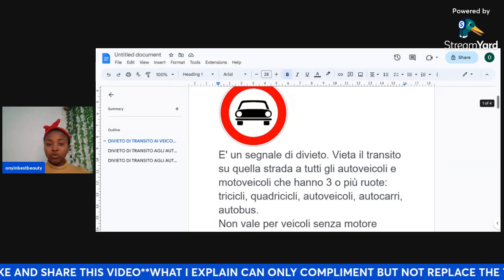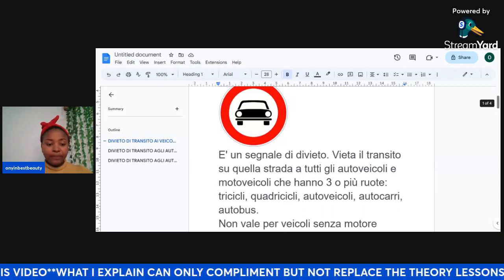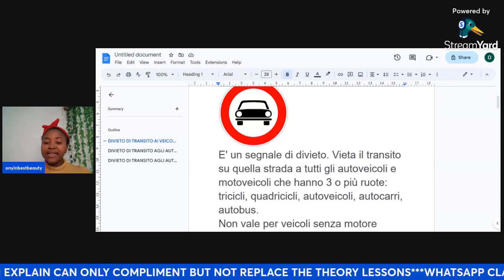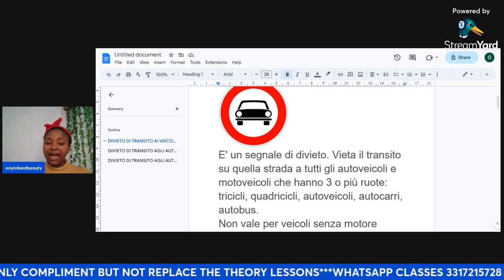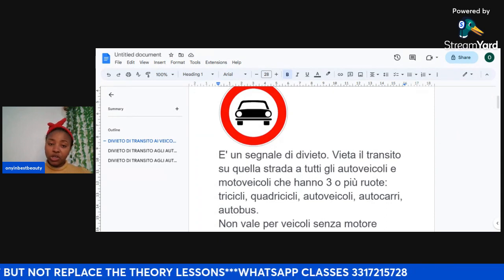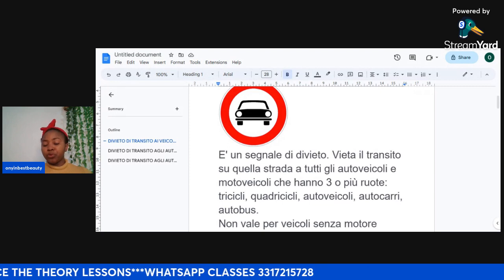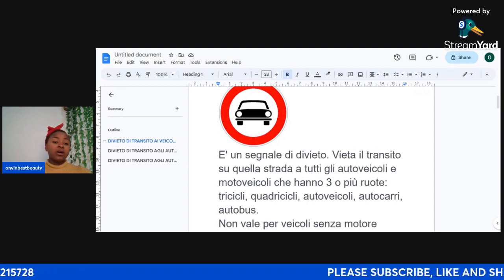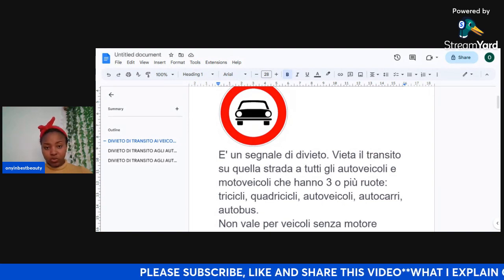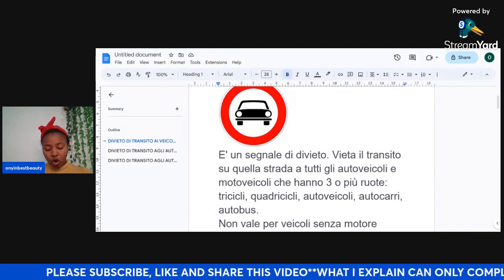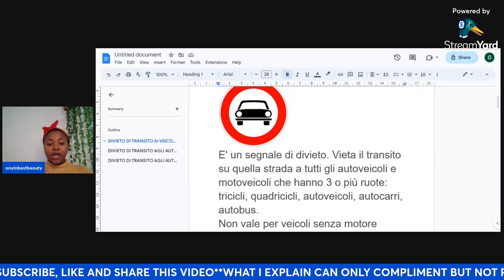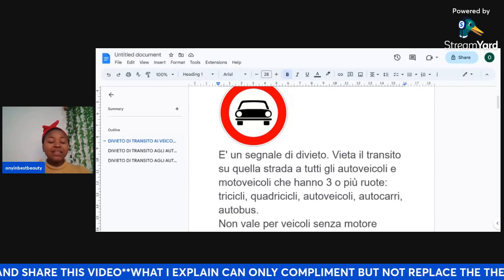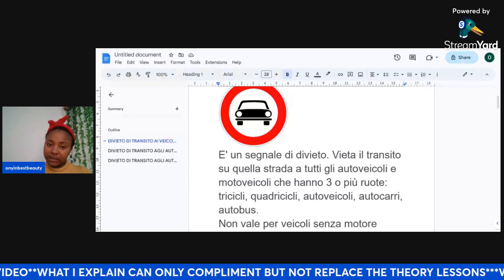Let us look at what it is trying to tell us. È un segnale di divieto, vieta il transito su quella strada a tutti gli autoveicoli e motoveicoli che hanno 3 o più ruote. Now this sign forbids the transit of all auto vehicles or motor vehicles that have 3 or more tires.